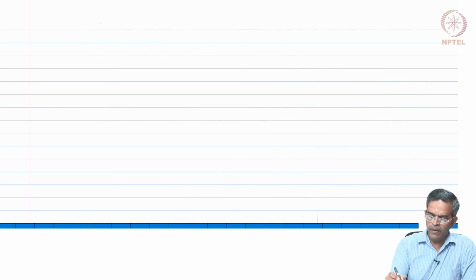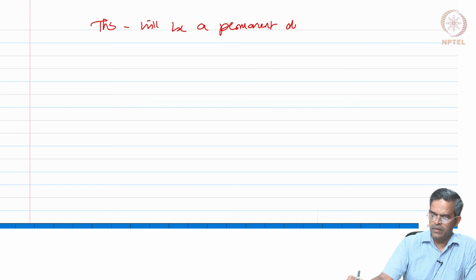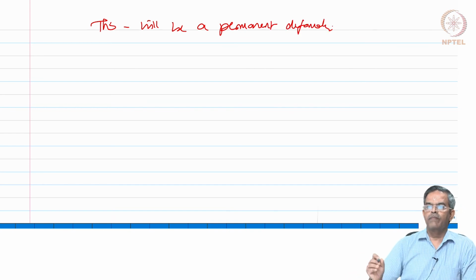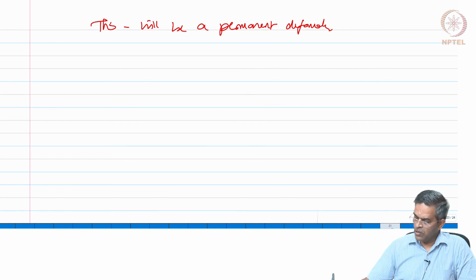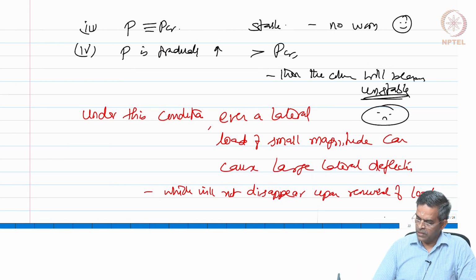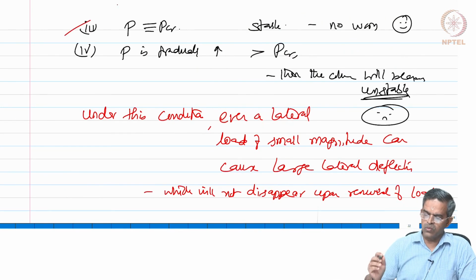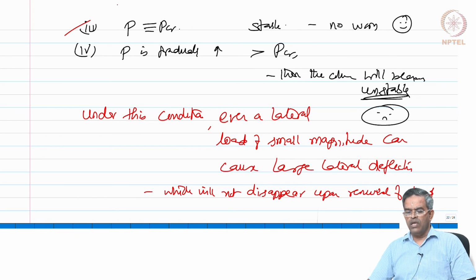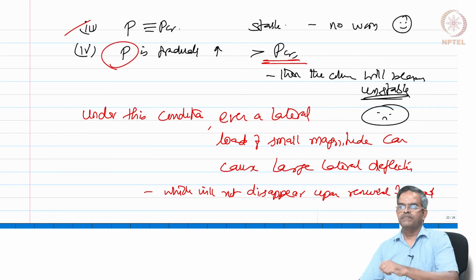So, this will be a permanent deformation. Remember, this was not true under these conditions. This was true only when P exceeds the critical capacity.